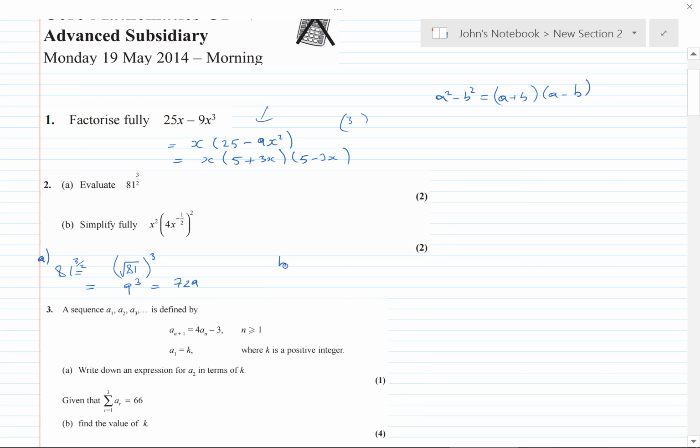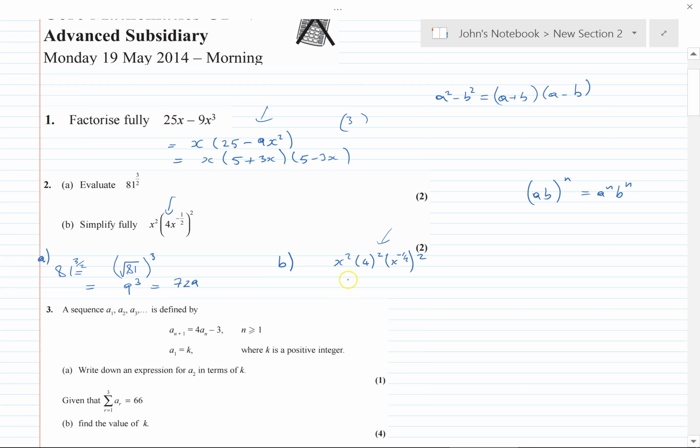Part B, we just need to deal with this and be careful we deal properly with the 4, because this is x squared, 4 squared, x to the minus half squared. Note that if we've got a power of something, then we've got to make sure we do the same power of both of those, hence the 4 squared there.